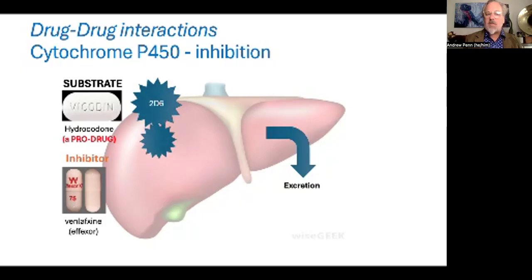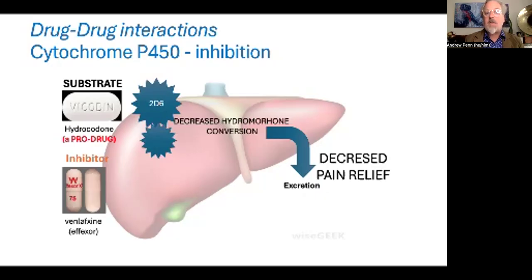So let's think about this patient who is taking hydrocodone, let's say on an ongoing basis for some kind of pain condition, and we throw in venlafaxine, an inhibitor of 2D6, in that system. So now that that pathway is going more slowly, that conversion of hydrocodone to hydromorphone is slower, and the clinical outcome is decreased pain relief. So this is a clinically relevant drug-drug interaction caused by the inhibition of 2D6 by venlafaxine.